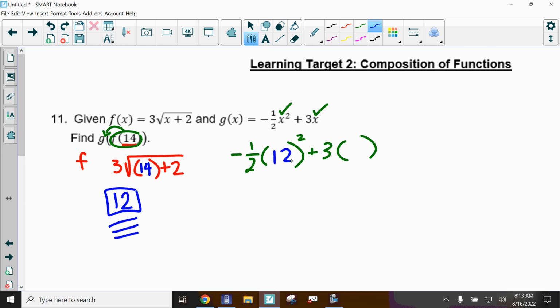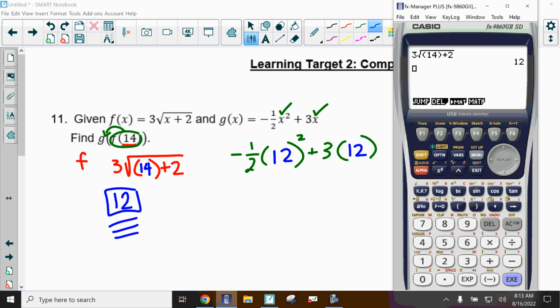So 12 goes here, 12 goes there, and now this becomes a basic calculator question. So I'm going to type in negative, oops, only one negative, fraction 1 over 2, go to the side, and then parentheses 12, and we're going to want to square that, and then add 3 times 12.